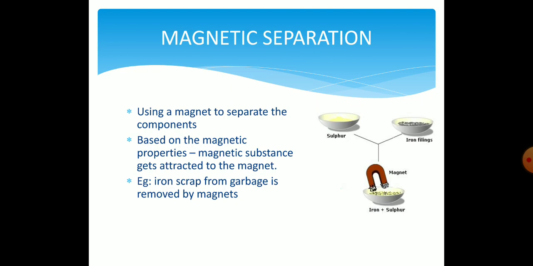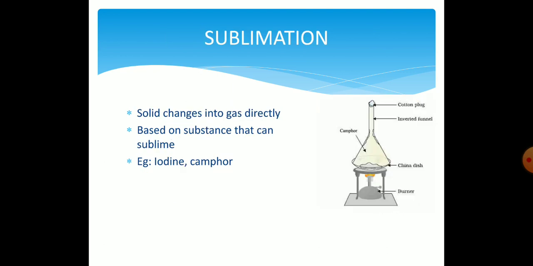Okay, children. Now going to sublimation. Sublimation is the process in which a solid is directly converted to gas. We can use this process only when the mixture involves substances like camphor or iodine, which can convert themselves into the gaseous state directly.